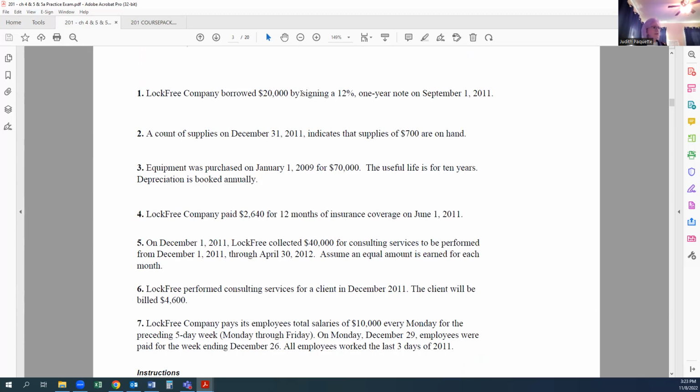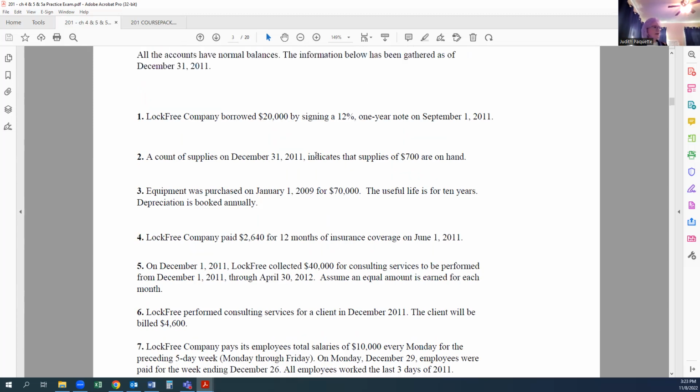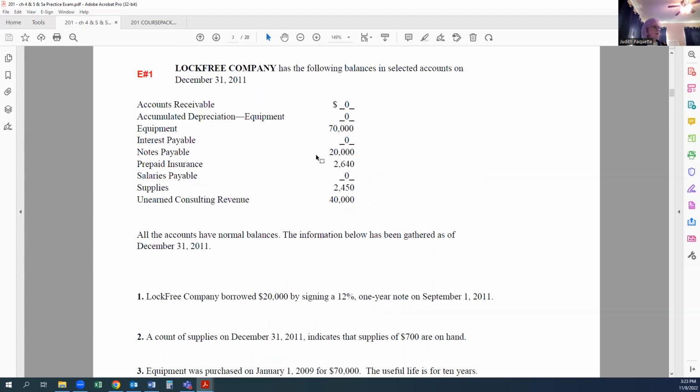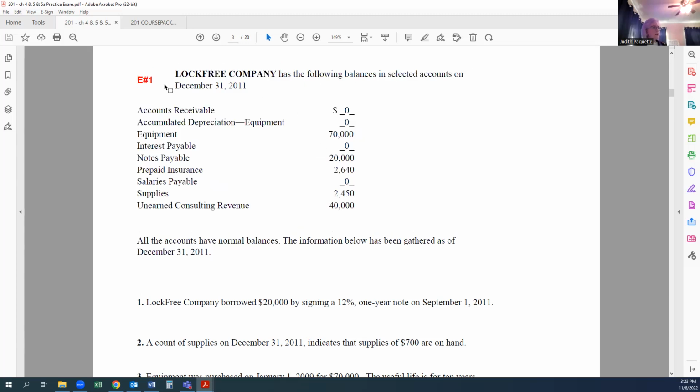If it's a note, if it's an interest rate, the problem is basically telling you, here's our balances and here's the date of that. All the accounts have normal balances. That means if it's an asset account, like equipment, and it says 70,000, we know that's a debit balance.